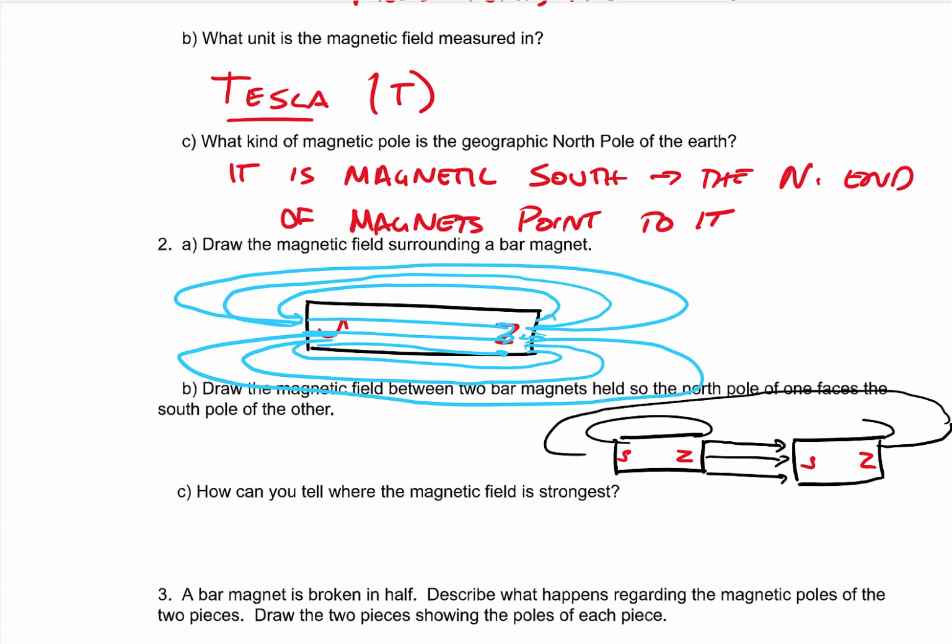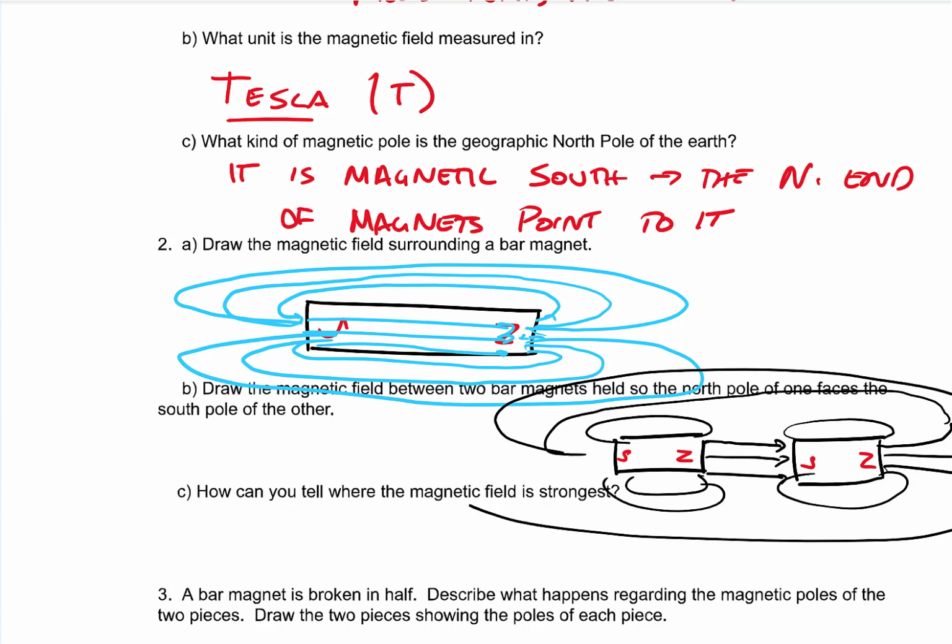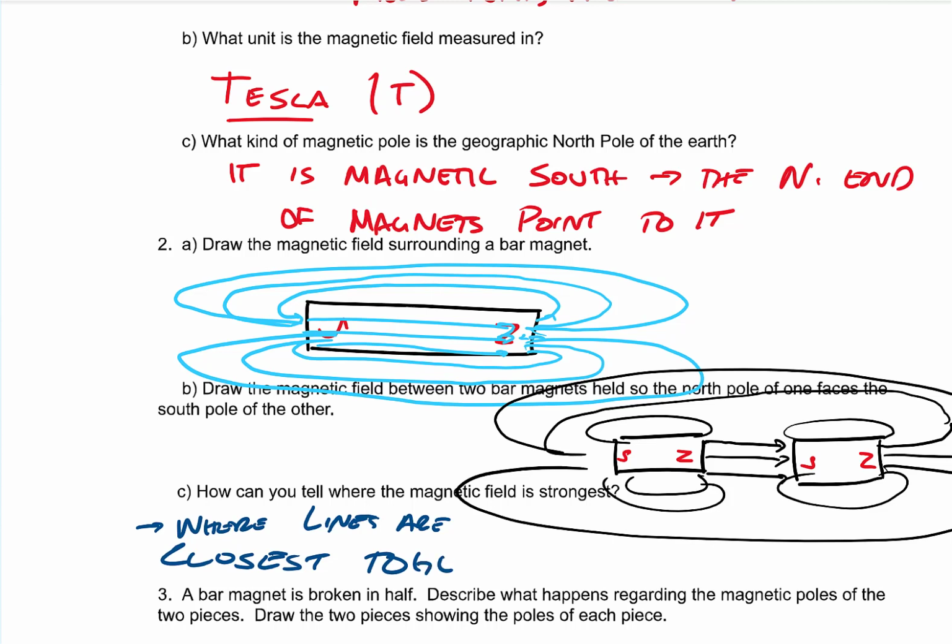Little loops, big loops. Can you tell where the magnetic field is strongest? In general, it's where the lines are closest together. And so in general, that's that little spot there.